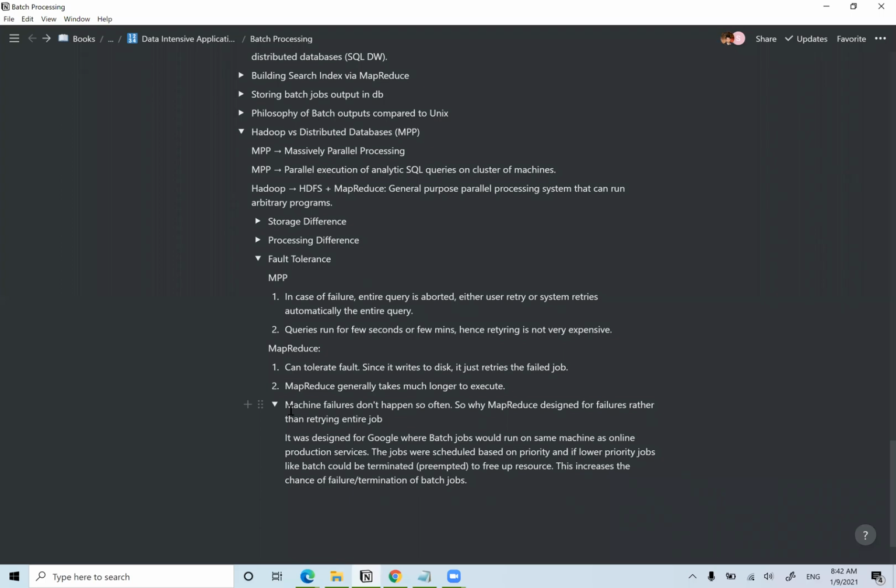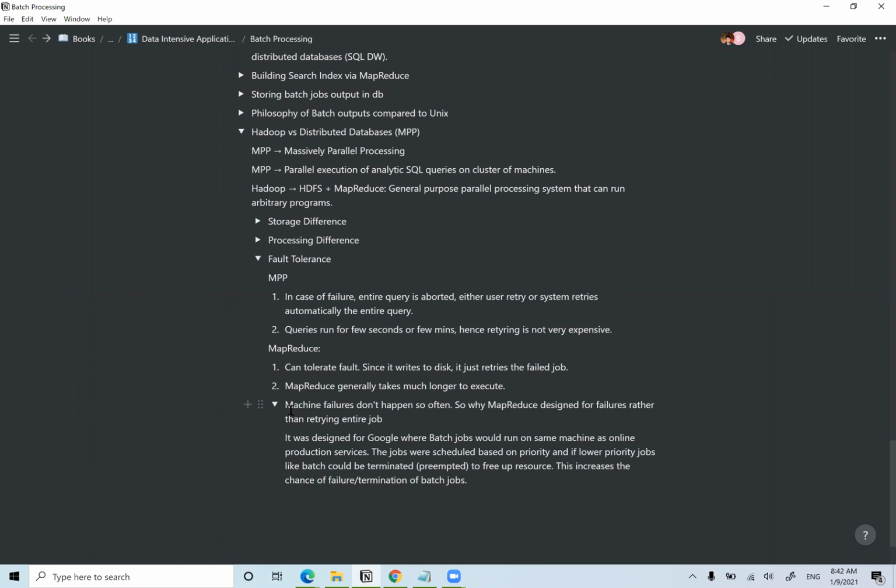For example, let's say I have some machines reserved to serve Gmail. And I see that Gmail usage in a particular region, let's say in the US at night, is very low. So those machines where I have reserved capacity to run Gmail have lots of free resources at night in PST, or in any region at night time, where it won't have heavy usage.